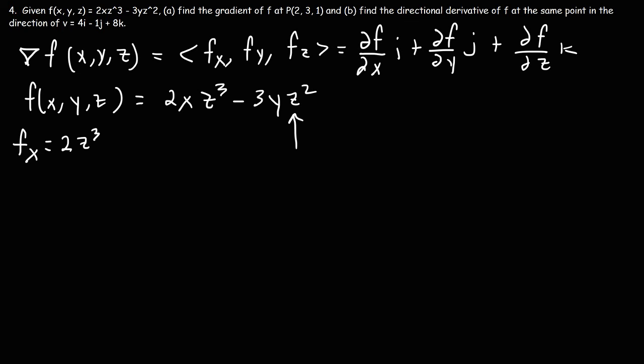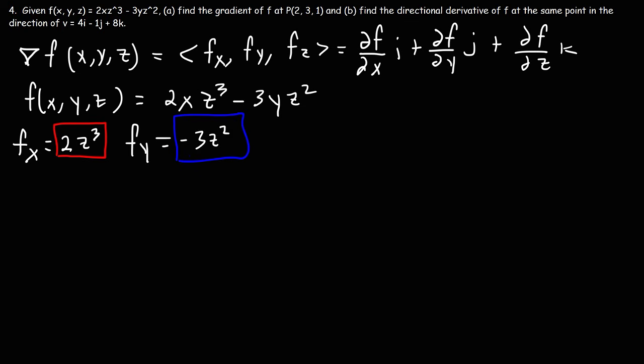There's no x variable here, so that's a constant. That will be 0. So now let's find the partial derivative with respect to y. There's no y variable in that term, so that's 0. So it's going to be negative 3 times 1 times z squared, or simply minus 3z squared.